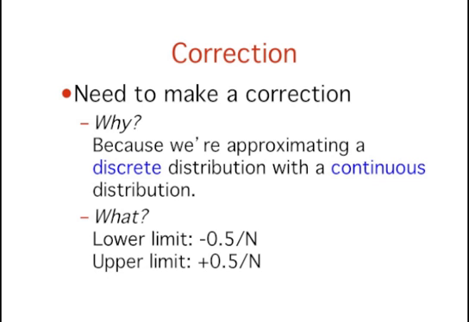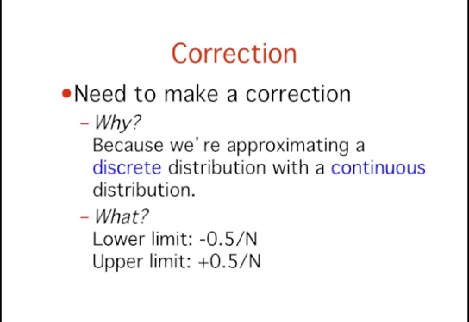In other words, our distribution is based on voting preference, which is either candidate A or B. It is not a continuous distribution, like the normal distribution. This correction involves subtracting 0.5 divided by n from the lower limit and adding 0.5 divided by n to the upper limit. If n is large, this correction makes very little difference. However, it can be important with small n's.